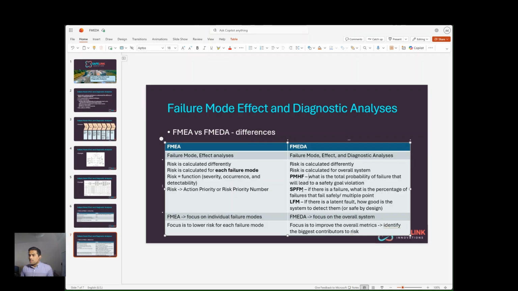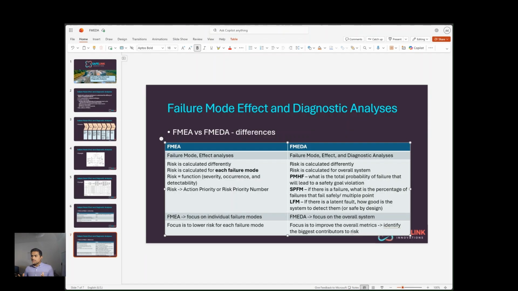Then there is the SPFM. SPFM, or single point failure metric, is a metric that tells us if there is a failure, what is the percentage of probability that this failure will fail safely or as a multiple point fault.